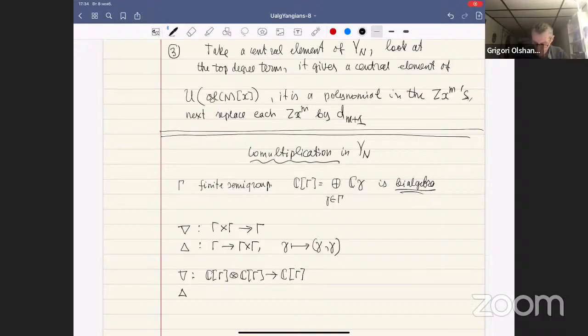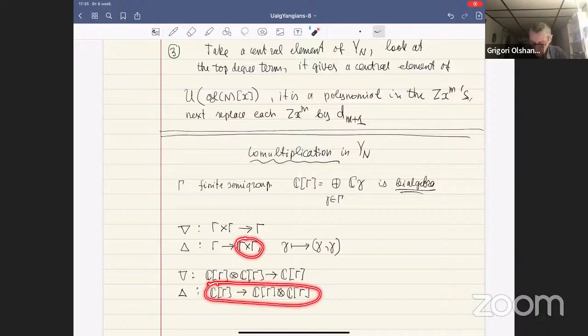And another is a linear map, and because this is a semigroup morphism, it extends in a natural way to the semigroup algebra, and the semigroup algebra of this object is the tensor product of this one.